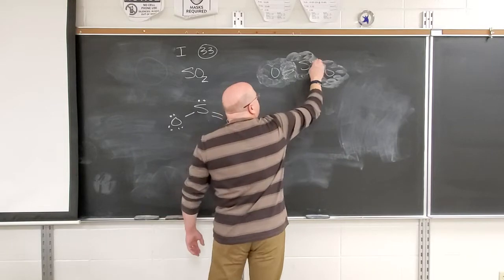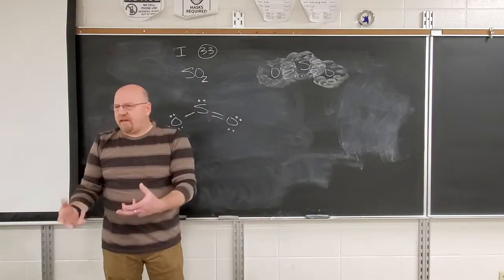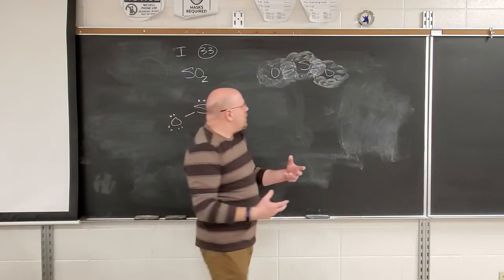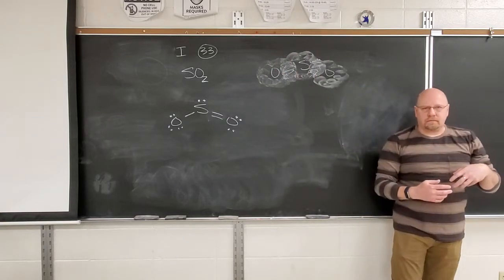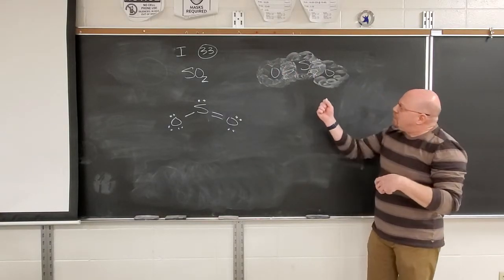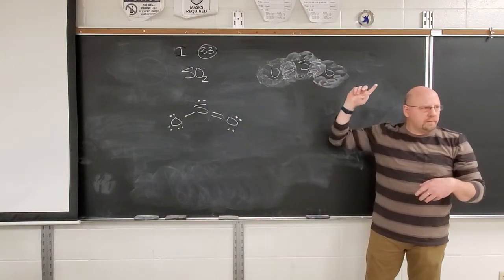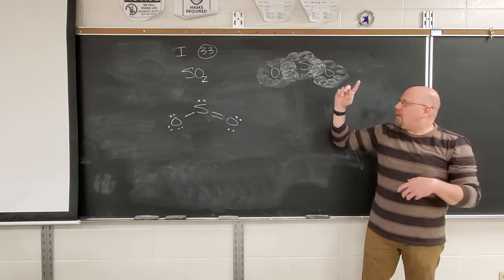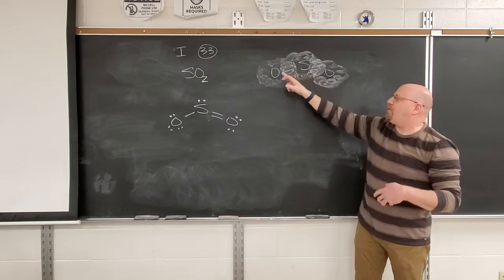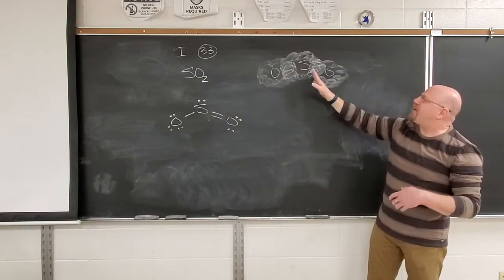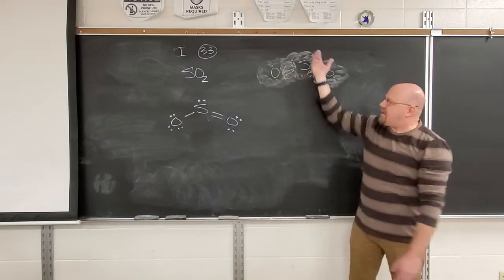If this is my electron cloud, where the bond takes place, or the bonds take place, and the electrons are able to move freely in there, then this double bond really doesn't exist anywhere. I don't have 4 electrons stuck between this sulfur and this oxygen. I've got 6 electrons being shared in this cloud.